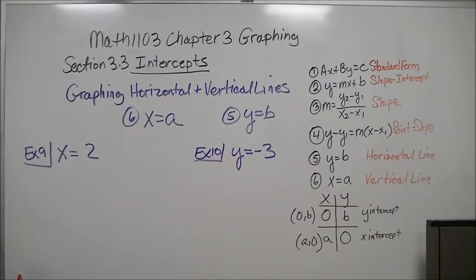Okay, going on to our last two topics of section 3 on intercepts, we want to graph horizontal and vertical lines. And notice we have it set up over here. And these numbers are just reference numbers. When I say formula 1, standard form. Formula 2, slope intercept. We'll be doing this in the next section, and then the one after that, and we're doing these two now.